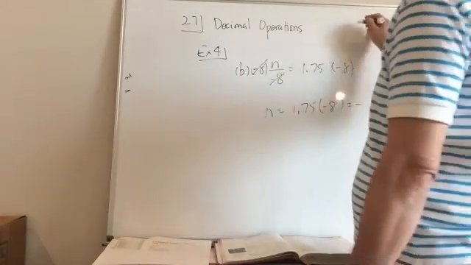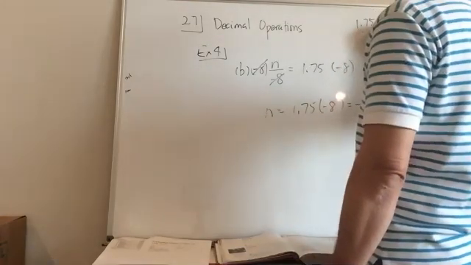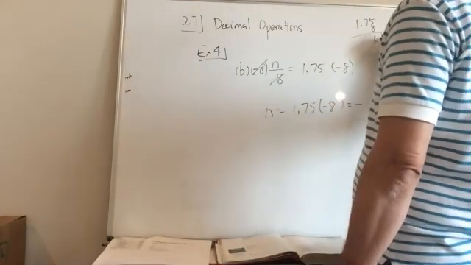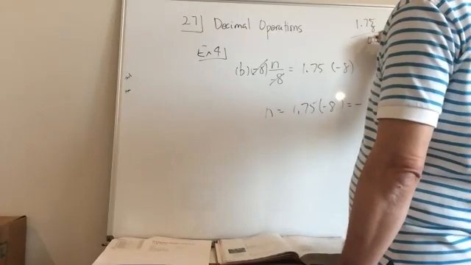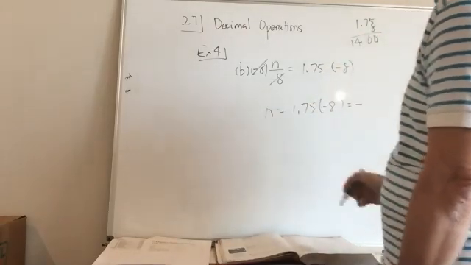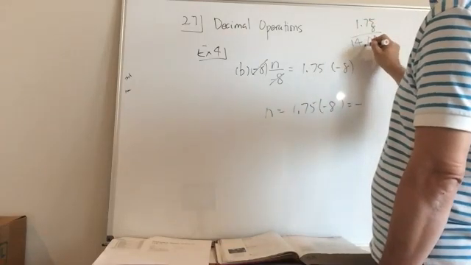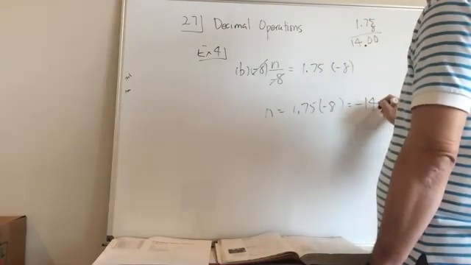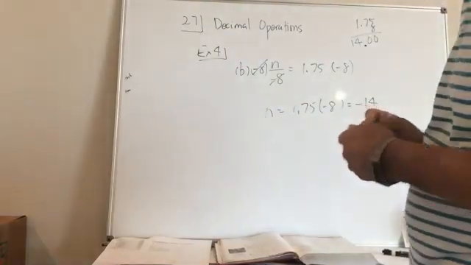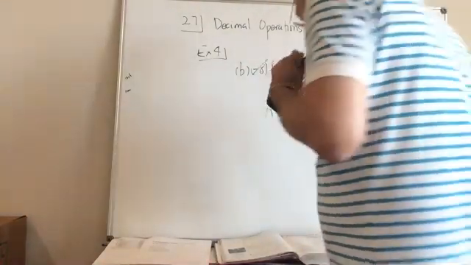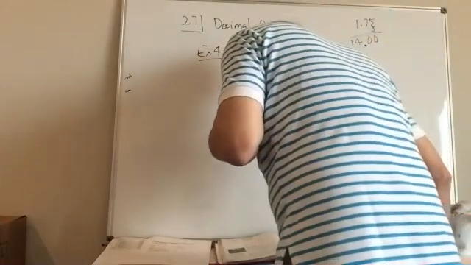Now I just have to do the multiplication. 1.75 times 8 is 14. So it's going to be negative 14. All right, so that's that.